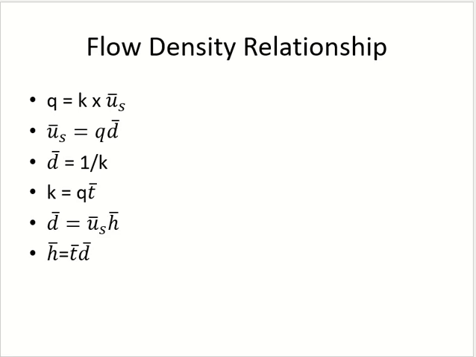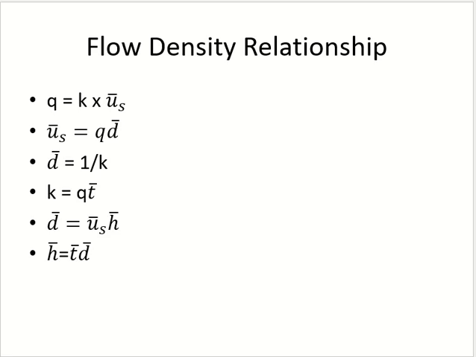Then we have T dash here. T dash is the mean of headway between two vehicles, the time headway. So small t is headway between two vehicles, and T dash is the mean headway of vehicles.